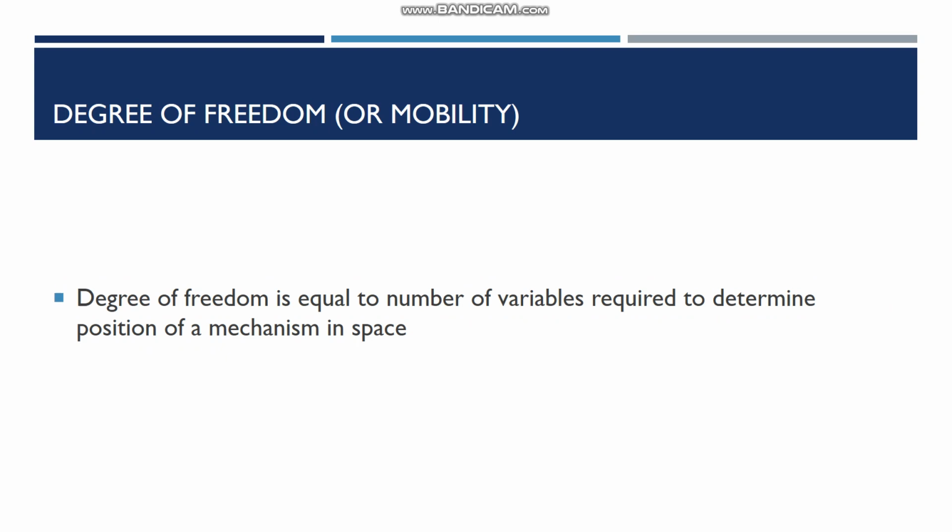To exactly know where that point is, we would need three independent variables: the x component of its position, the y component, and the z component. So a point object in a 3D plane has 3 degrees of freedom.